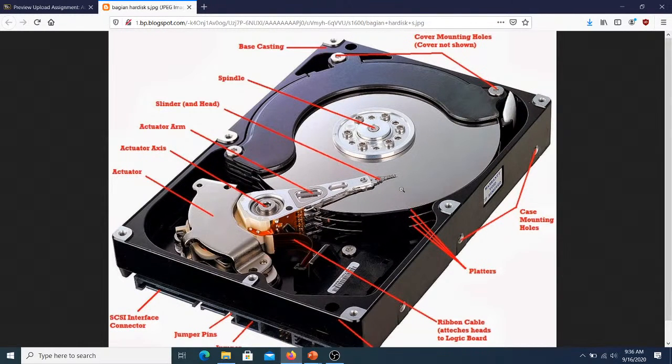So the solid state drives are extremely fast. They're just a bunch of chips. There's nothing really interesting to see. You open it up, it's a bunch of chips. This is a little bit more interesting because you actually see some parts moving. But anytime you've got moving parts, that implies a motor. And motors generally use more power, even though the motors on hard drives are actually pretty efficient.